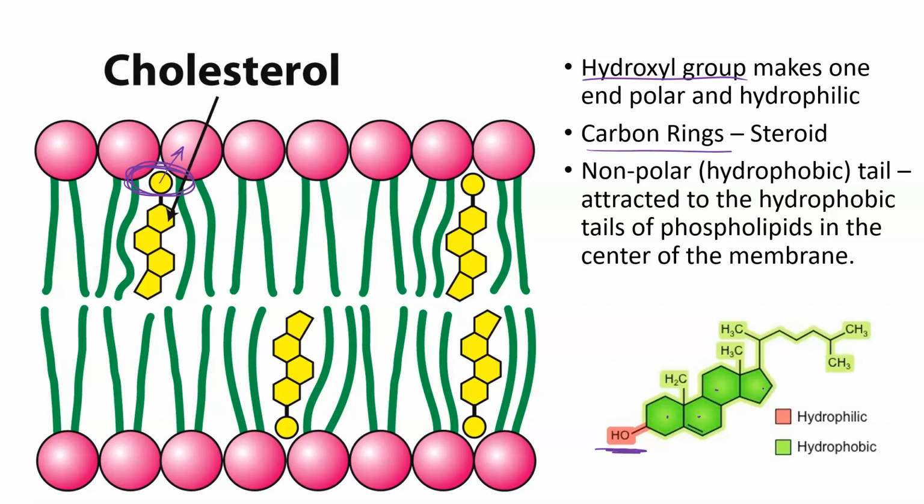That is the steroid component. And then they have a nonpolar hydrophobic tail, which is how the cholesterol molecule anchors itself to the fatty acid tails. So you have a polar region that attracts itself to the head, a nonpolar region that attaches itself to the tails, and then the actual steroid that helps do the things the cholesterol molecule is supposed to do.